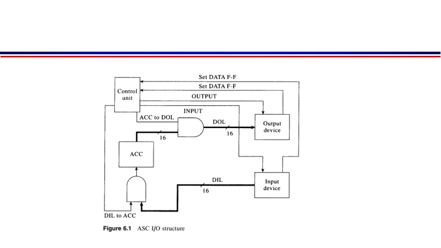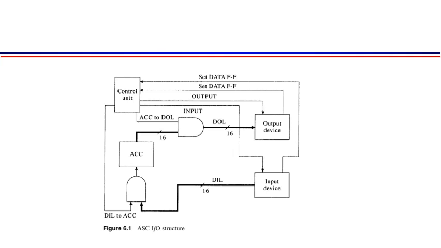The other two control signals which are connected with the input and output devices are set data flip-flop. These two signals are responsible for the handshaking purpose between control unit and the input and output devices. So we have a total number of 6 control signals that are generated from the control unit for the input output instructions.